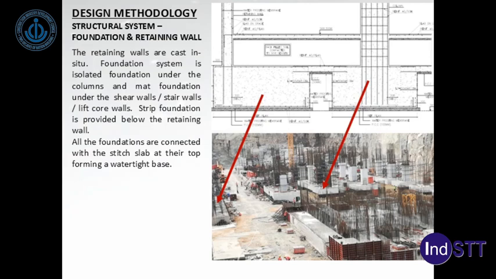This stitch slab is important because it's a basement structure and there are chances of water seepage happening due to floods and rainwater seepage, and to avoid that penetrating into the basement, another stitch slab at the top is provided with waterproofing.